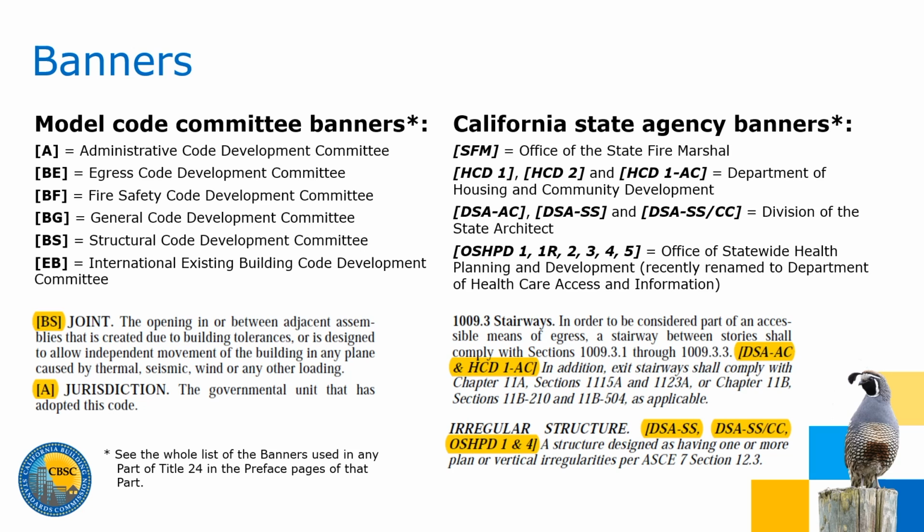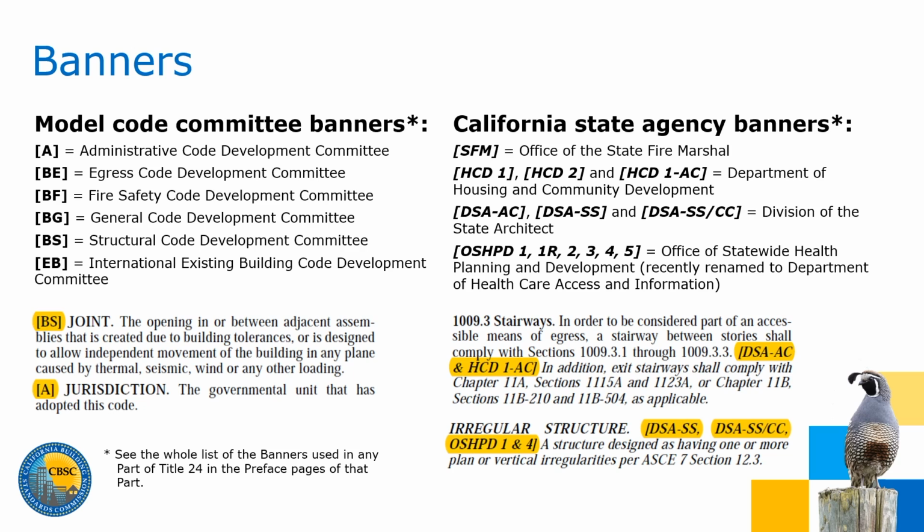When looking at the examples provided on this slide, the highlighted banners indicate that the Structural Code Development Committee and Administrative Code Development Committee are responsible for development of joint and jurisdiction definitions on the left and on the right.